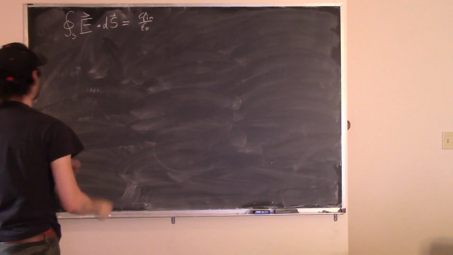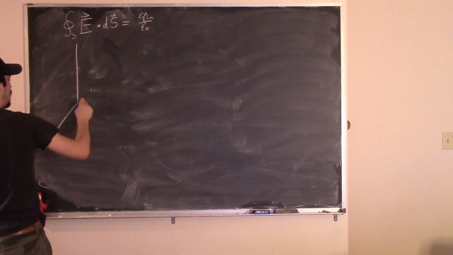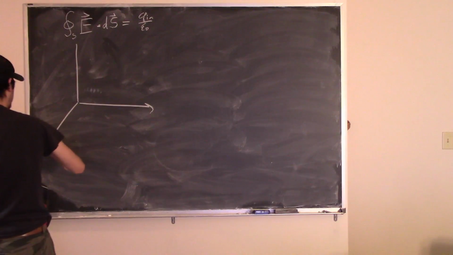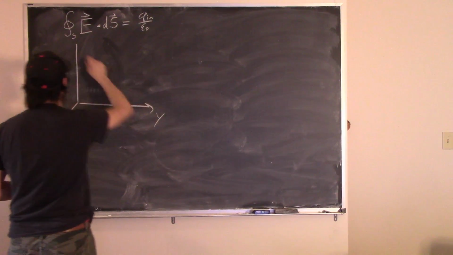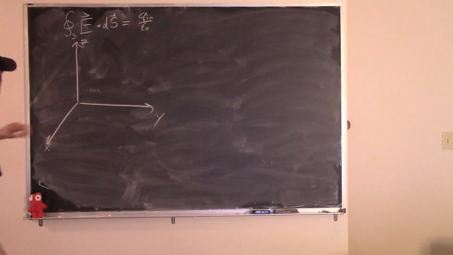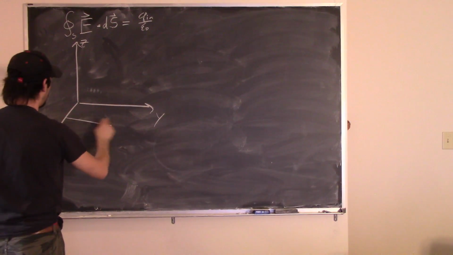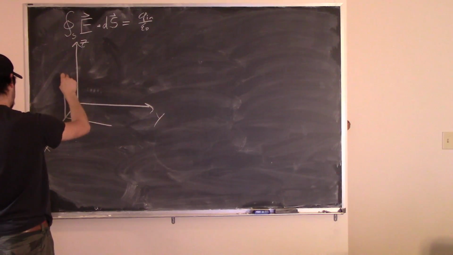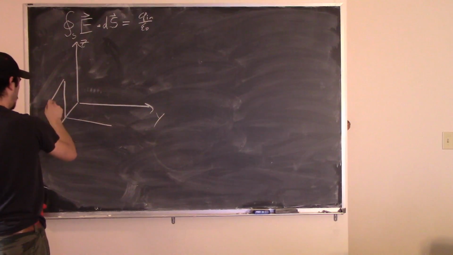Okay. So for this problem, what I gave you was just a right-handed coordinate system in 3 dimensions. But I give you some cube that I'm going to do my best to draw here.